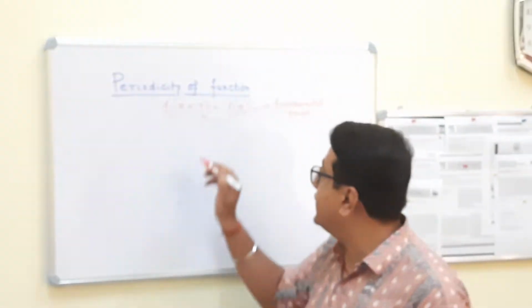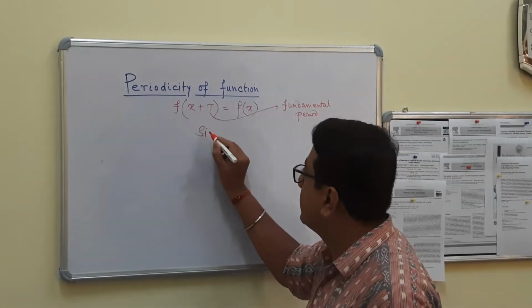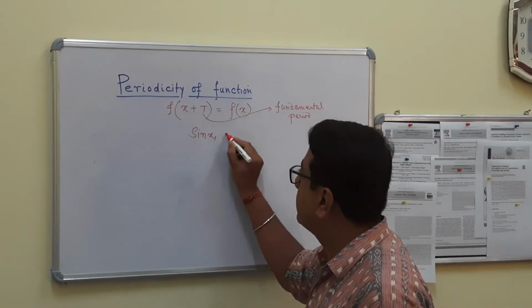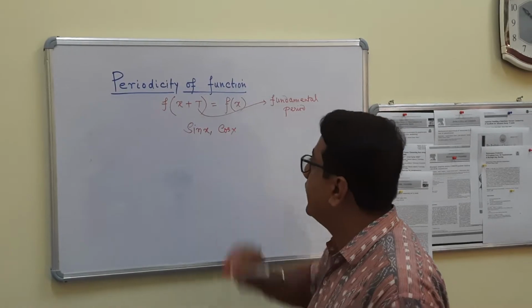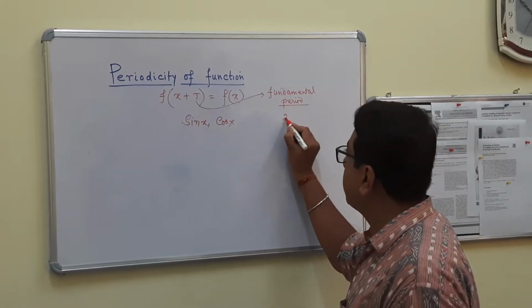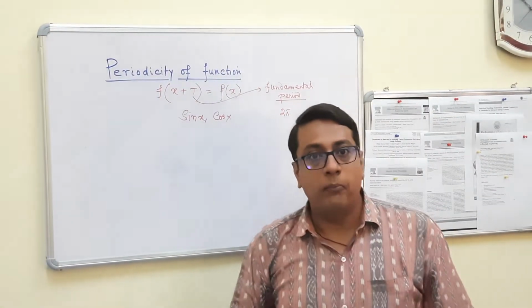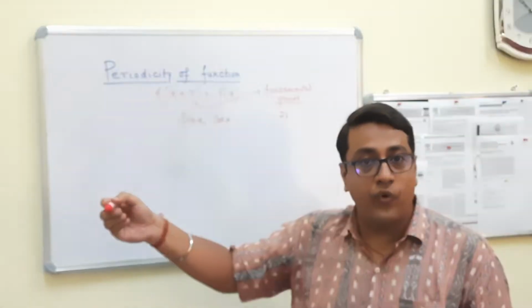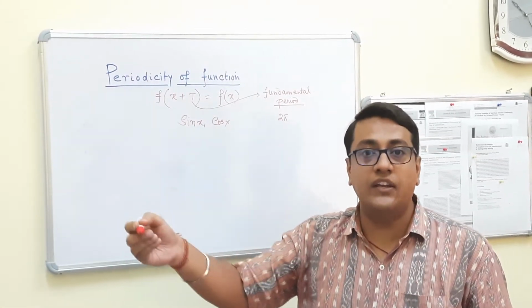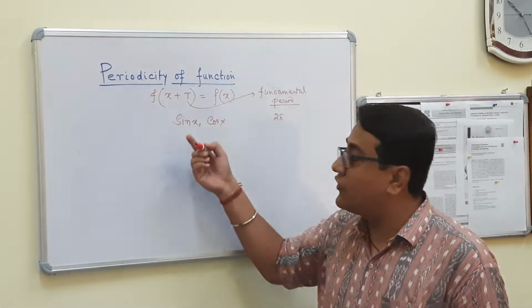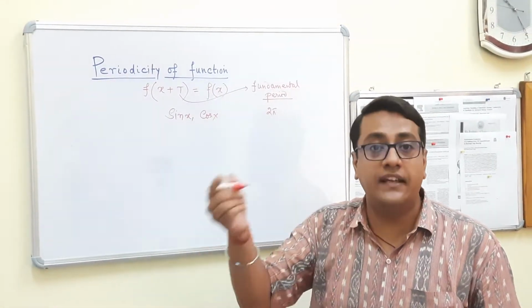Smallest in the sense that sin x and cos x are periodic, we know, with fundamental period 2 pi. But they are also periodic after 4 pi. We don't say that the period of sin x or cos x is 4 pi. Rather, we say it is 2 pi.